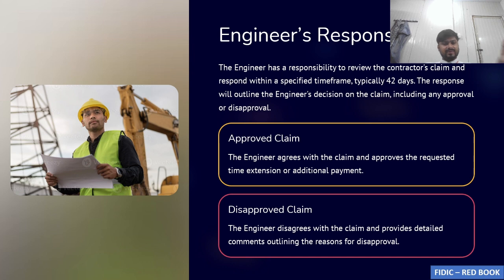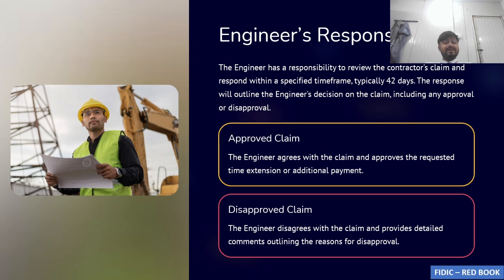He will cross verify with his engineers whether the problem occurred and whether it was from our side. If they say yes, then he'll agree and say that whatever extension of time you are requiring, and whatever cost you are claiming, will be given to you. In most scenarios, the employer agrees to the extension of time but doesn't agree to the cost. All right, so you have to take care of that.